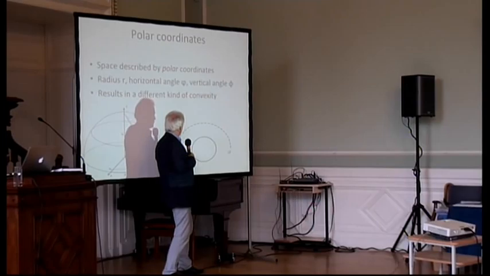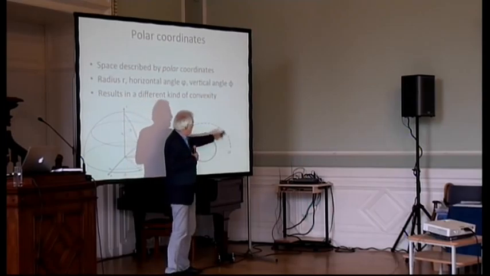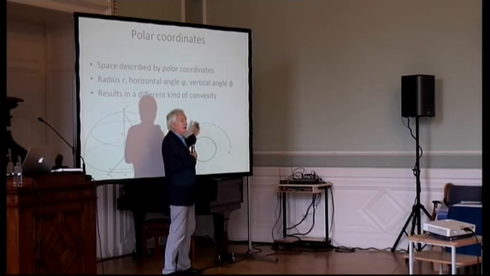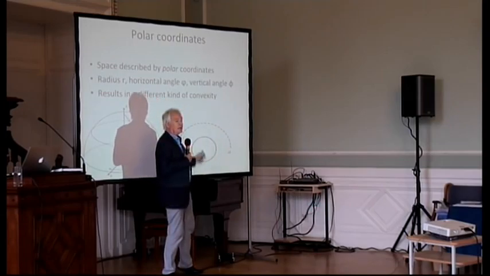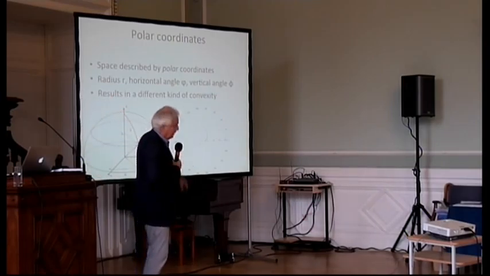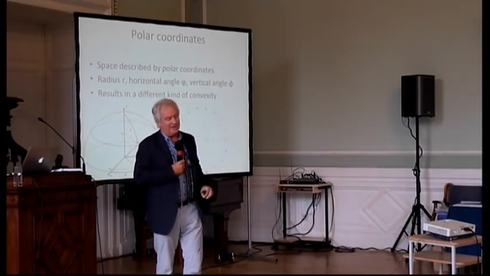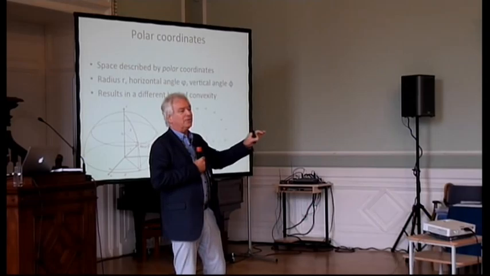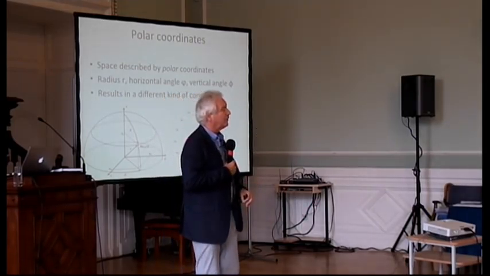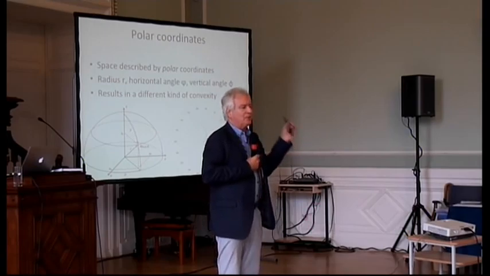But if you have polar coordinates, keep the radius constant and vary the vertical or the horizontal angle, doesn't matter, you will get this arc. That's the points between A and B. In general, the lines in here will be Archimedean spirals. That will be the general notion of a line in polar coordinates. So we get a different notion of betweenness.